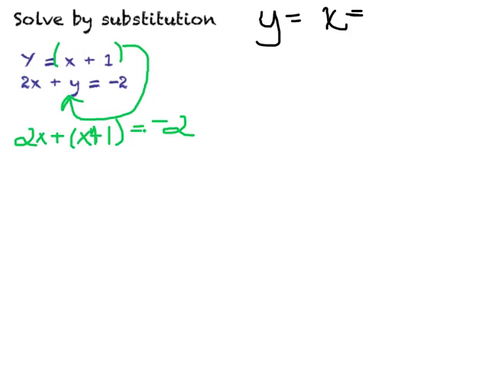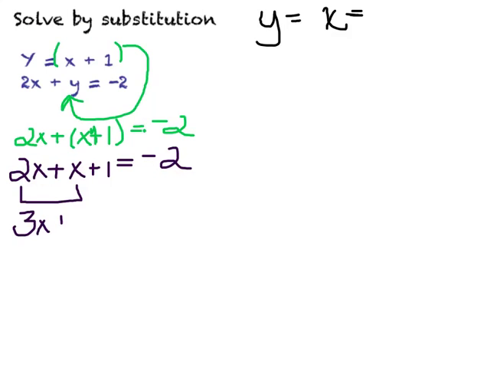All right, let's go ahead and solve this then. There's nothing to distribute here, so really I can just look at this as 2x plus x plus 1 equals negative 2. So I can combine my like terms, 2x and x, and I get 3x plus 1 equals negative 2.